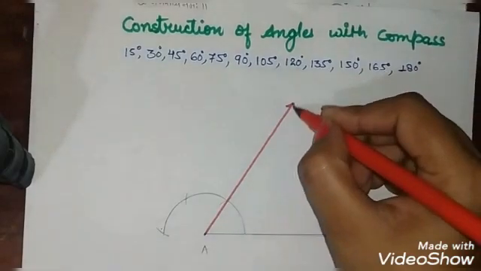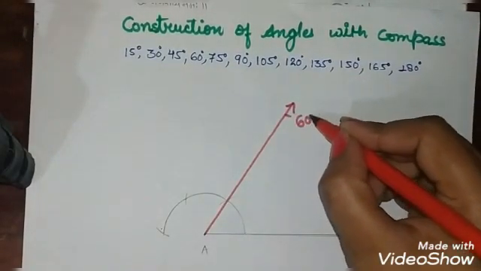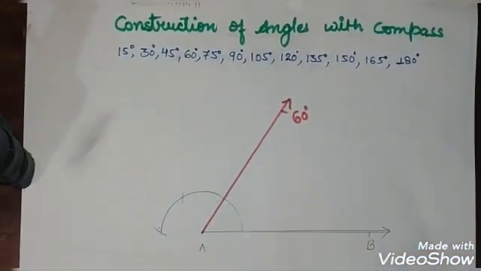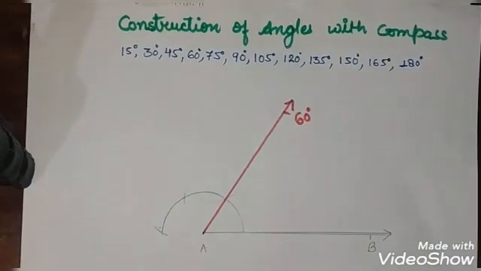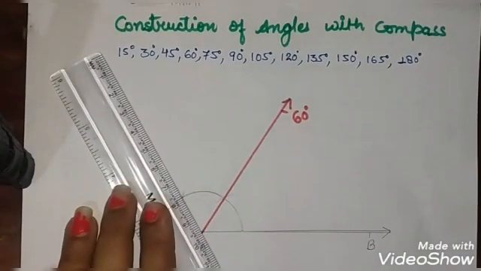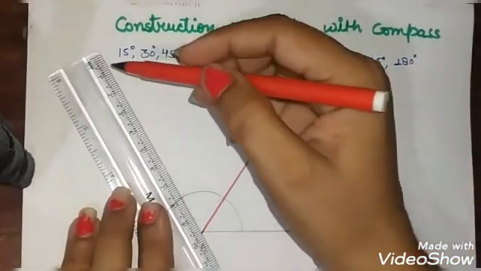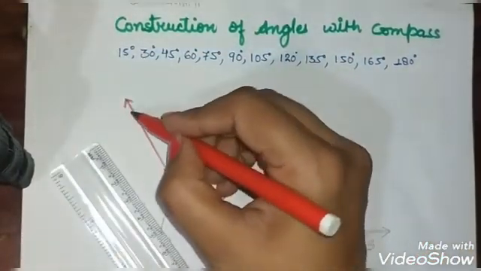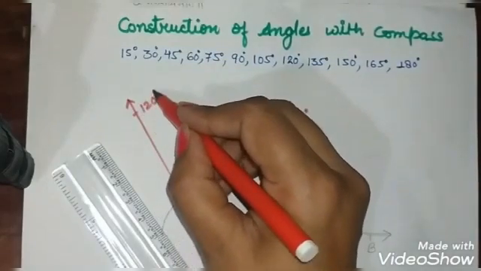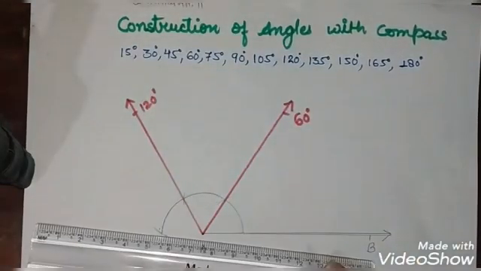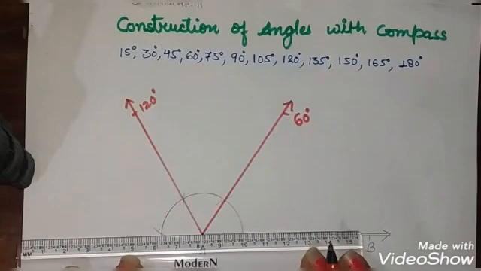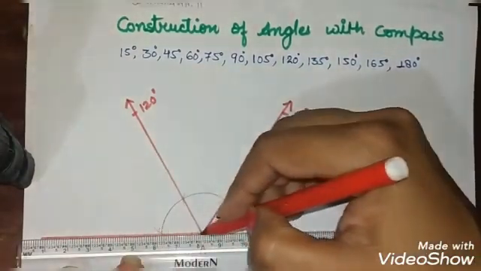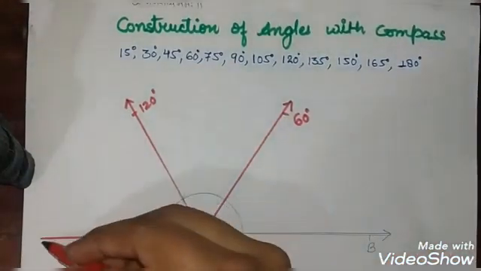Now this angle is of 60 degree. This angle is of 120 degree. This angle is of 180 degree.